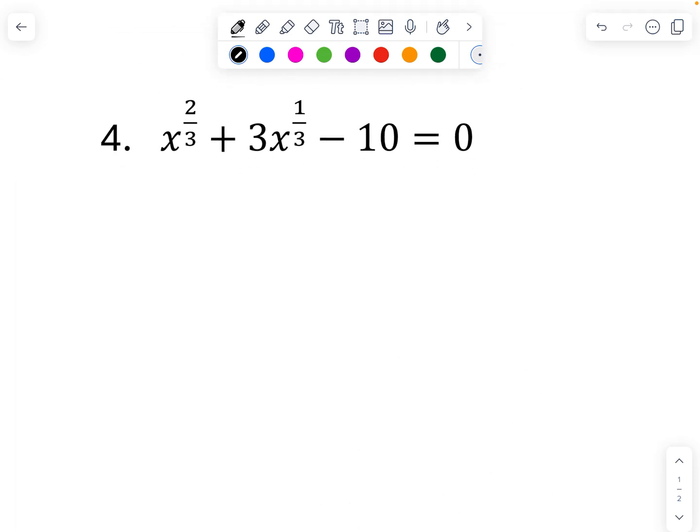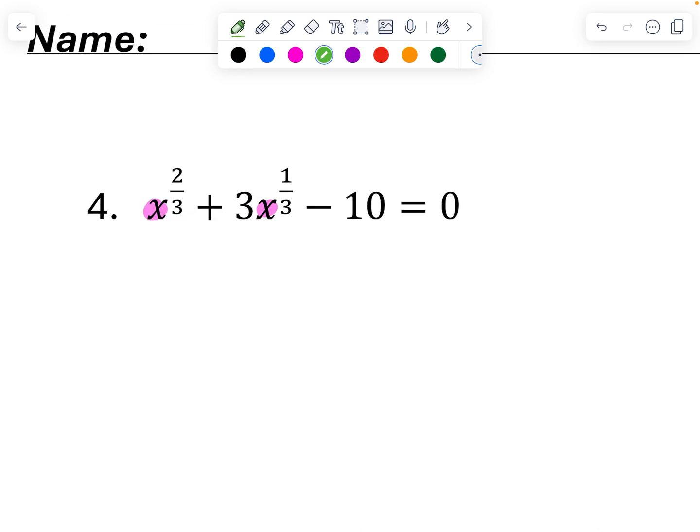So now when we look, we notice that we have x here and we have x here. We notice that we have a trinomial. We notice that the power of this x is twice as big as the power of that x.